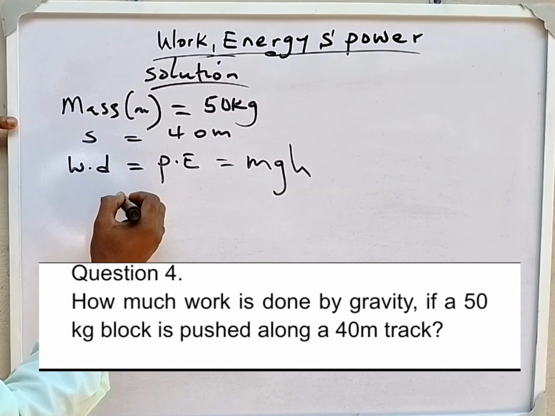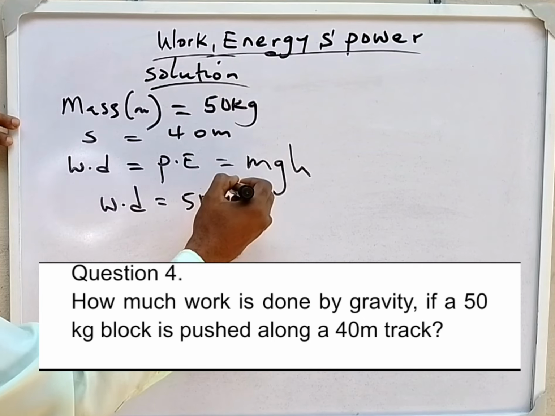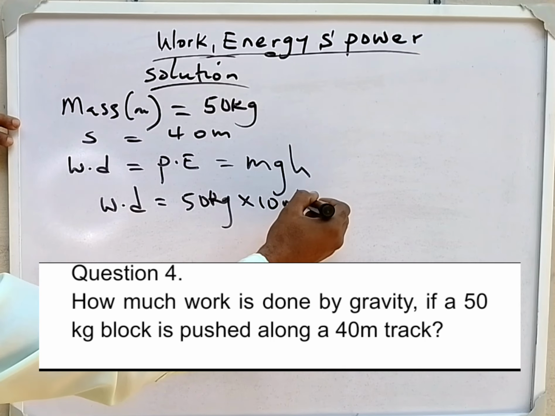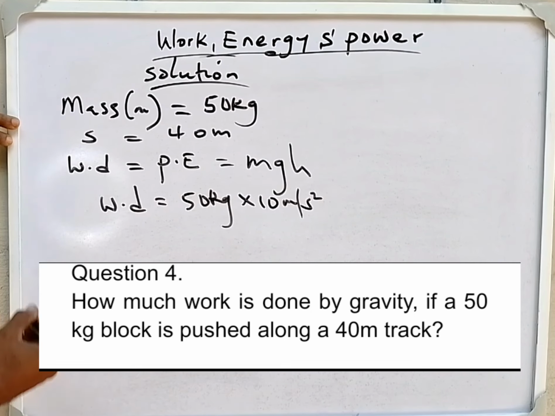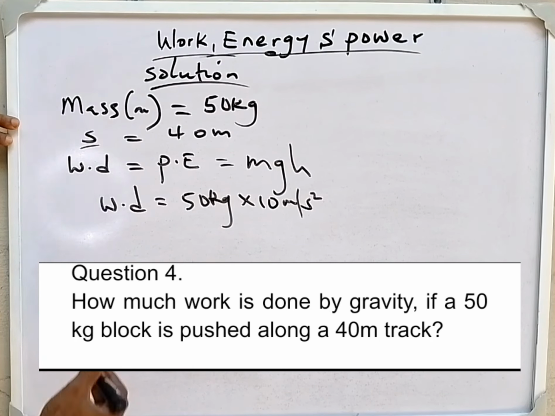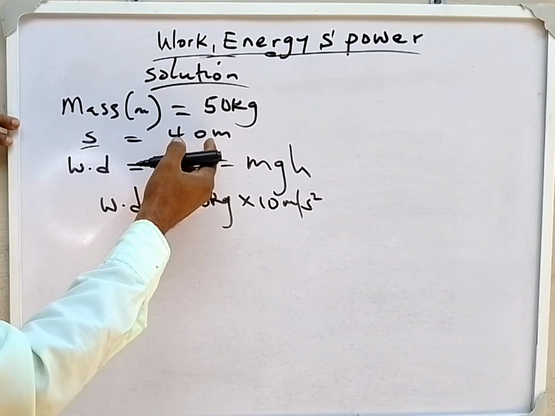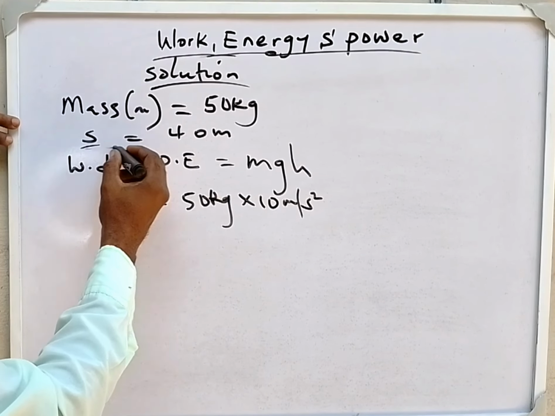So the work done by gravity is going to be mass 50 kg multiplied by g, 10 meters per second squared, then height. Remember, he said this object was dragged on the floor on a 40 meter track. So this is distance and not height.